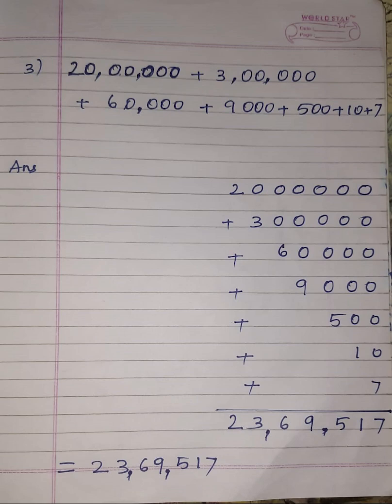And when you write the numbers one below the other, units should be written in the units place, tens in the tens place. Likewise you will write. If it is possible, leave one line also, no problem.